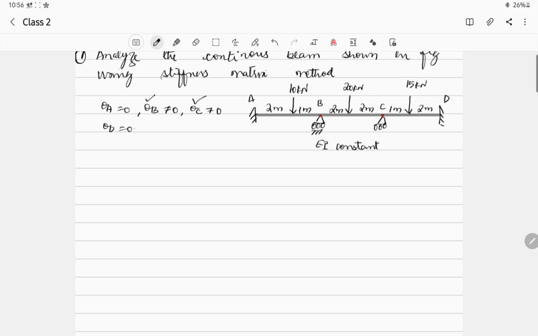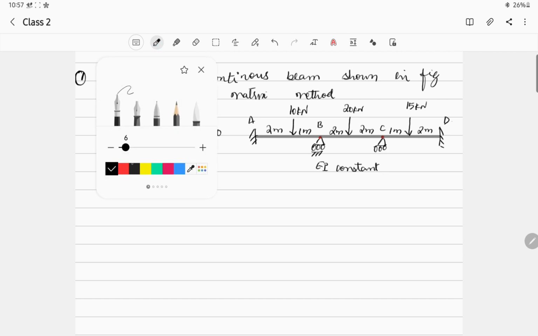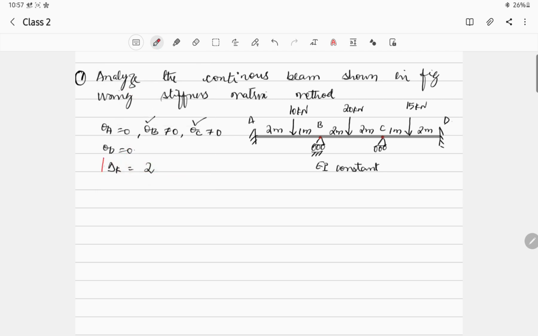So in this condition, my degree of kinematic indeterminacy of the structure is 2. If theta D also existed, then the degree of kinematic indeterminacy would be 3. Since we have only theta B and theta C which are not equal to 0, my degree of kinematic indeterminacy will be equal to 2 here.